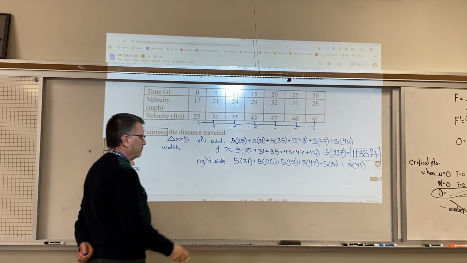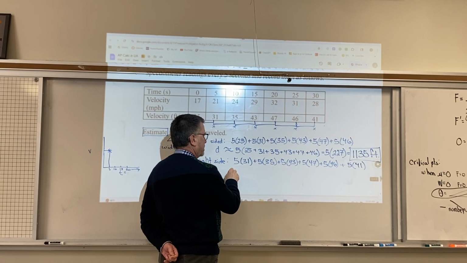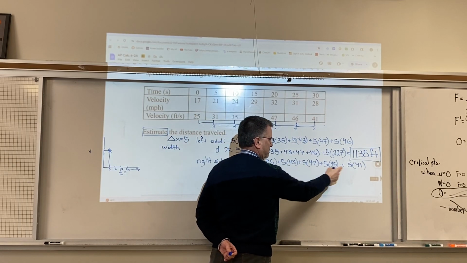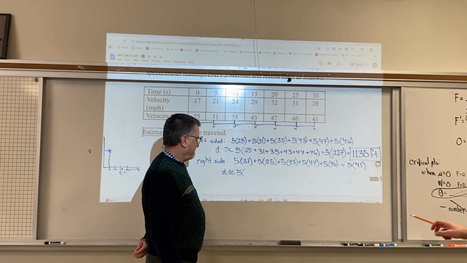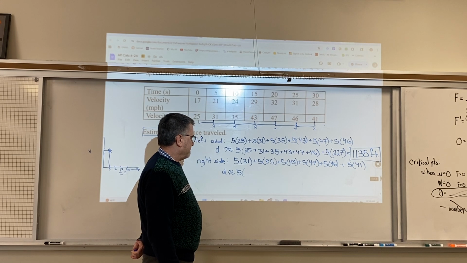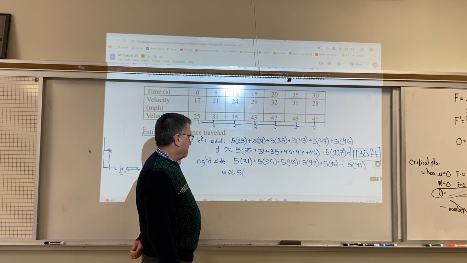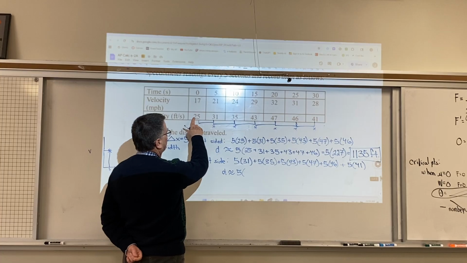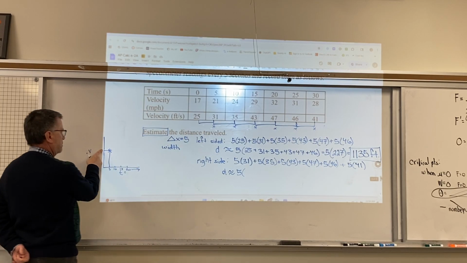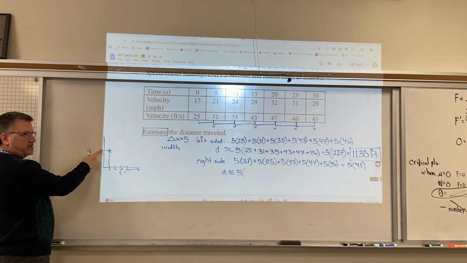243 times 5. So distance would equal about, pull 5 out, because, hey, look, the widths are all the same. Why you didn't put the 25? It's left. Why you say it's left? On the left side, I was picking up this one, the left side of the rectangle.